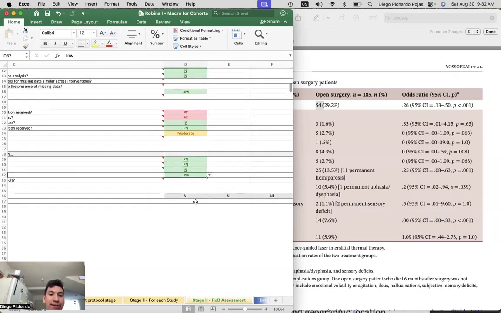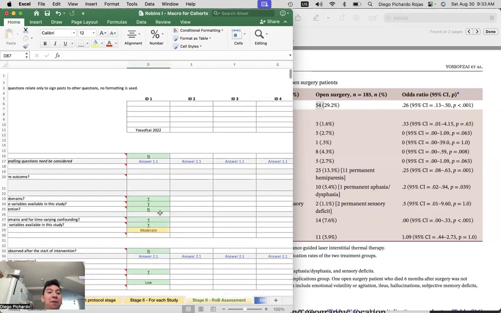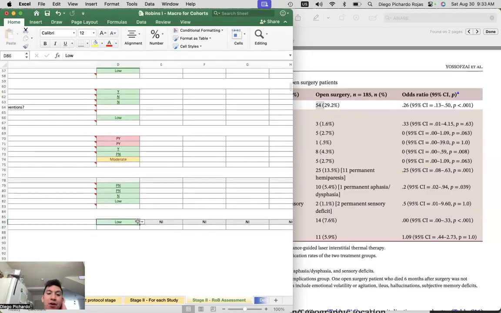So the overall risk was pretty low. It was very, very low. But if they had more than one moderate, I would say there is a concern for this, a moderate risk of concern, all right? But in this case, it was pretty safe.